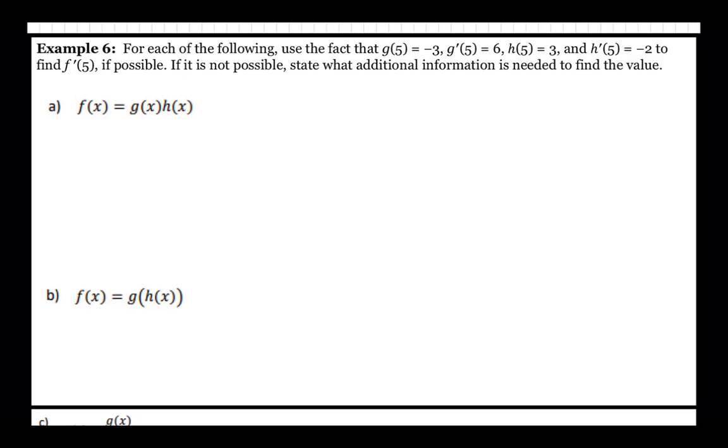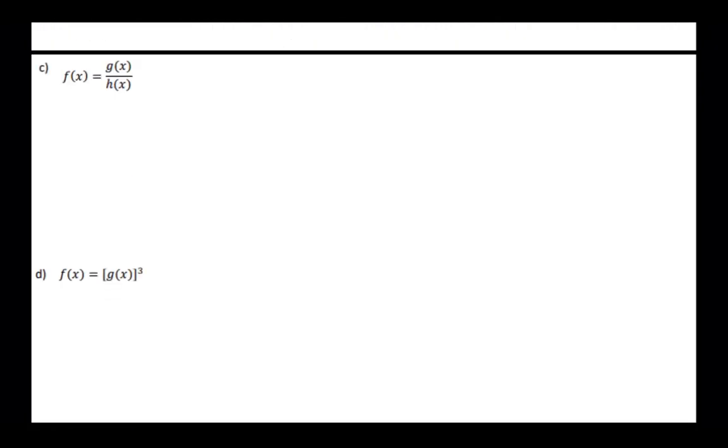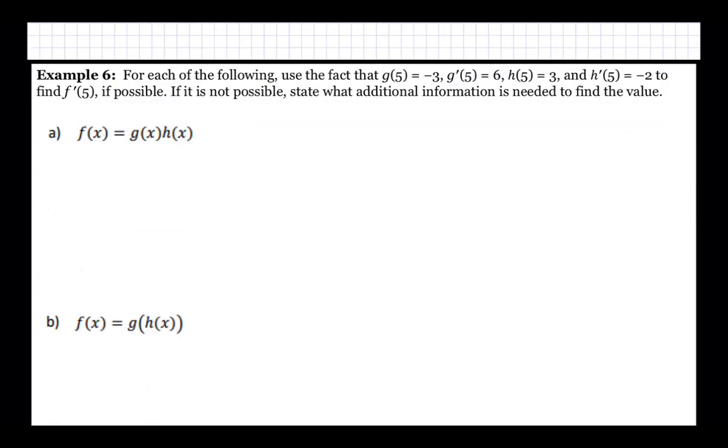So for all of these, I got to find f prime of 5. That's my goal. So for A, B, C, and D, find f prime of 5. That's my goal for every single one.